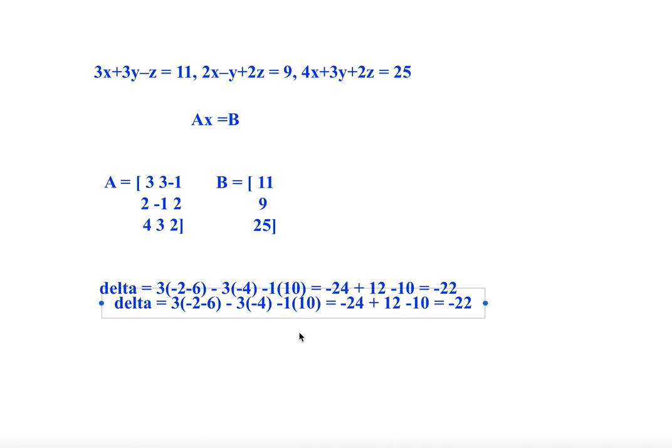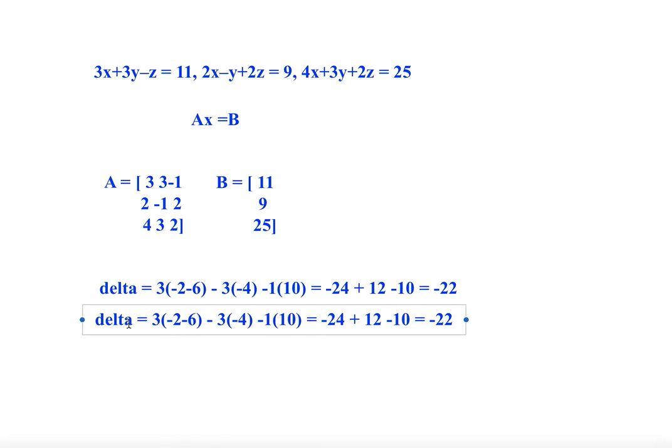This may be useful for us because we need to find delta x, delta y, delta z. This is delta x. I'm just putting an underscore here to write delta suffix x; you can think of the underscore as a suffix.